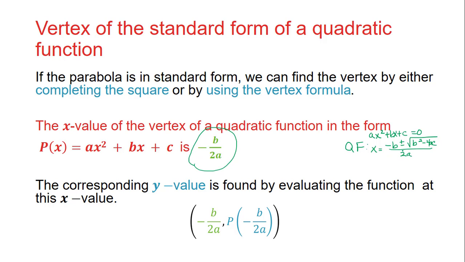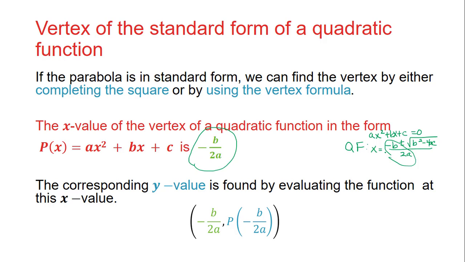And we found those, if you recall, just from applying the completing the square steps to ax squared plus bx plus c equals 0. Well, graphically, the vertex occurs halfway between the intercepts. And so if we take the midpoint of the two intercepts, we get this value of negative b divided by 2a.